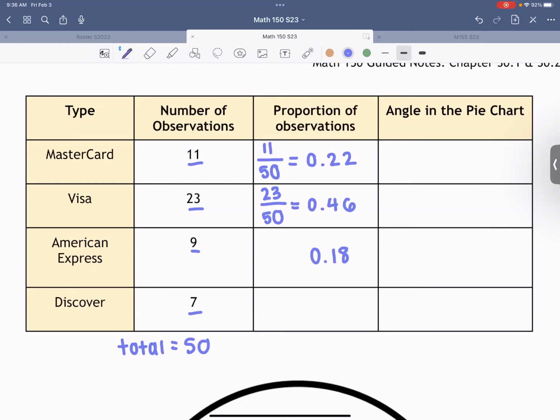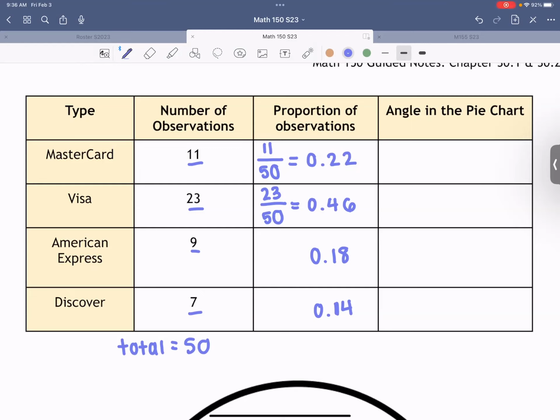And then what's the decimal for Discover? 0.14, good. So everyone clear on how to find the proportions of observations here? It's the number of observations divided by the total. Perfect, great. So that's the proportion of observations.